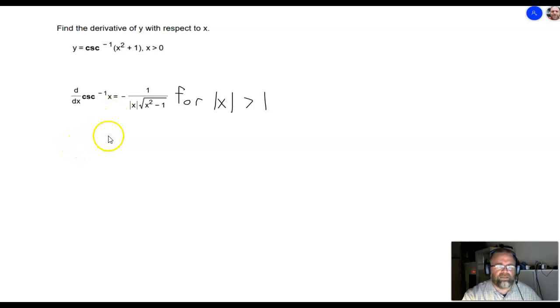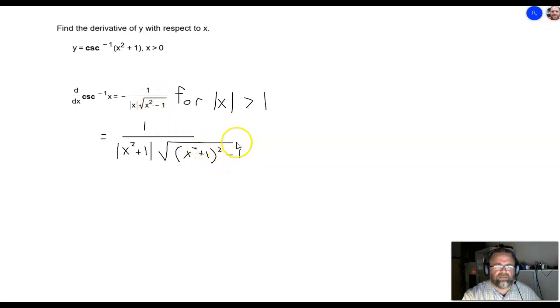The derivative is going to be equal to, so let's apply this. Wherever there's an x, I'm going to replace that with x squared plus 1. So this is going to be the absolute value of x squared plus 1, and then multiply this by, replace that x in here with x squared plus 1, so x squared plus 1, and we have to square that.